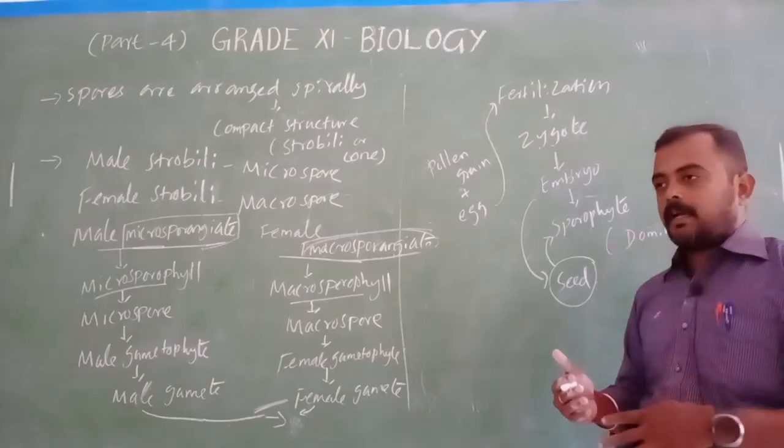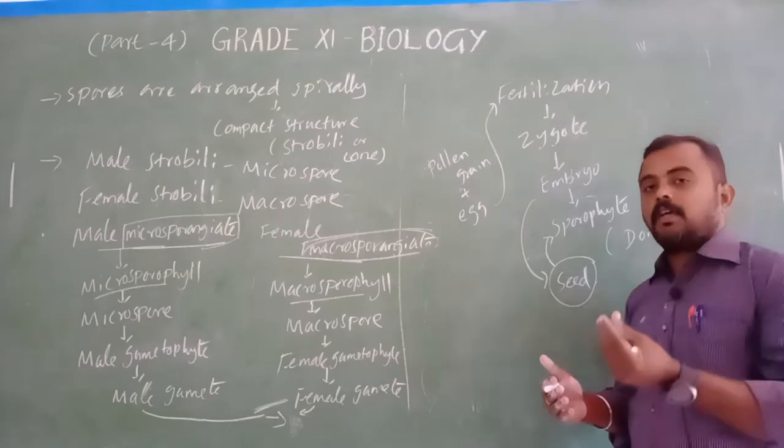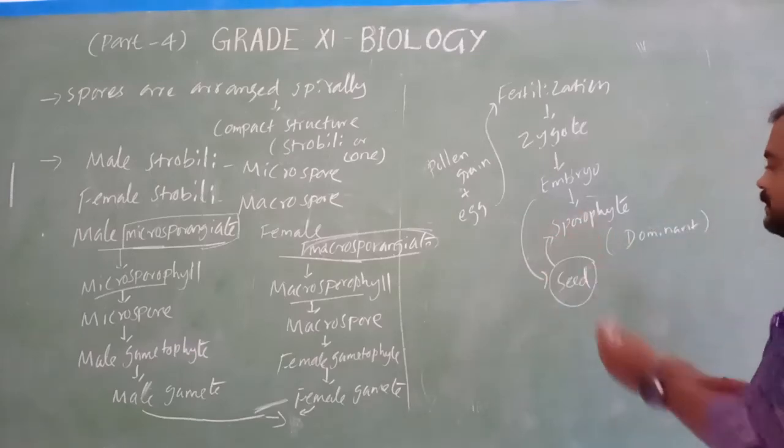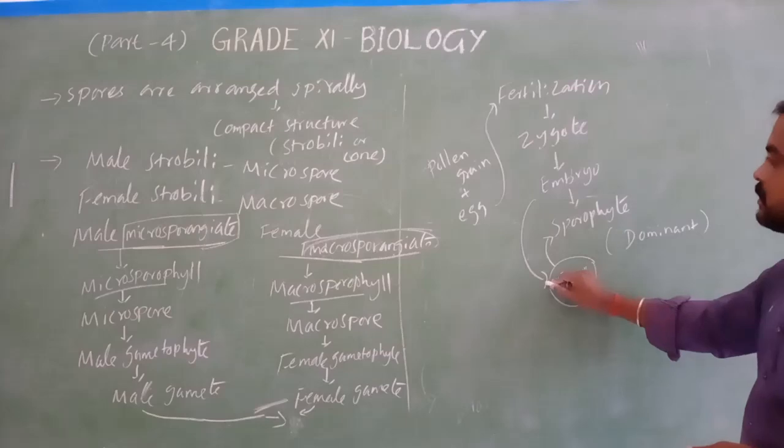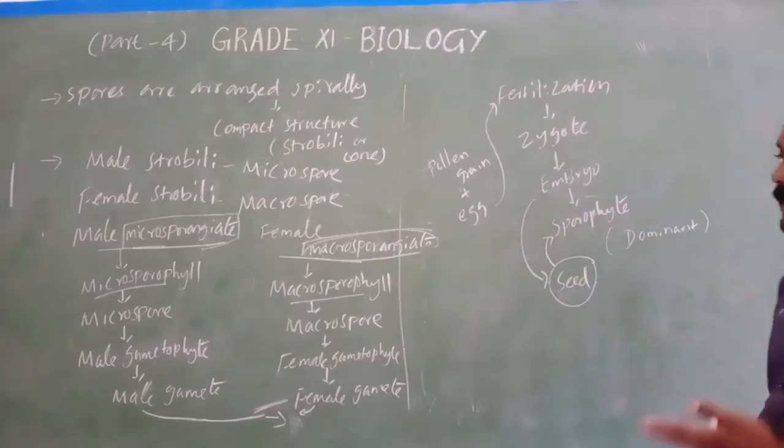So it reproduces sexually and produces seeds, but they are naked seeds. The seed consists of the embryo, and from the embryo the sporophyte germinates.